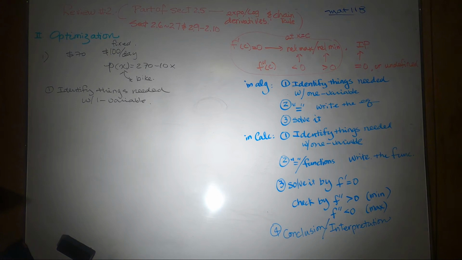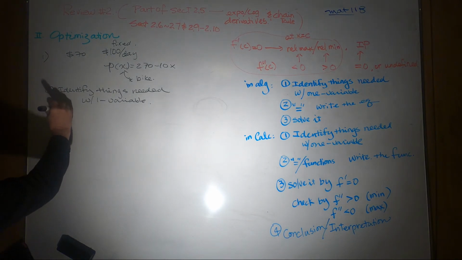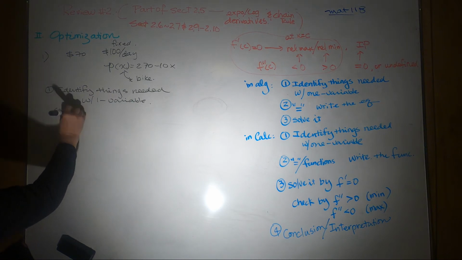It says find the quantity that should be produced and the price that should be charged to maximize the profit, right? The whole idea is to maximize the profit. So we need to find the profit. For the things we need, how many things do we need? 2, right? So you set it up this way. You need 2 things.